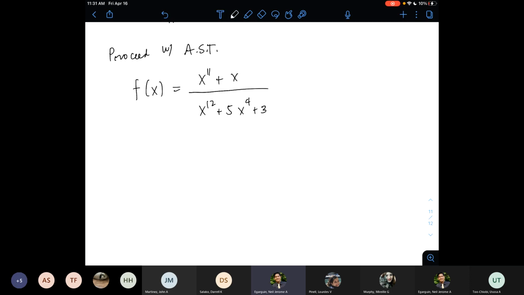If this is my f of x, then f prime of x will be obtained by using the quotient rule.